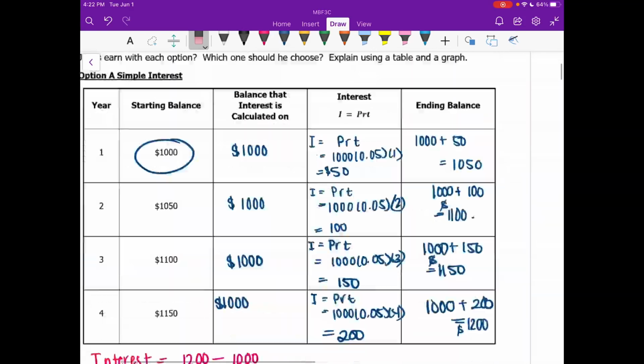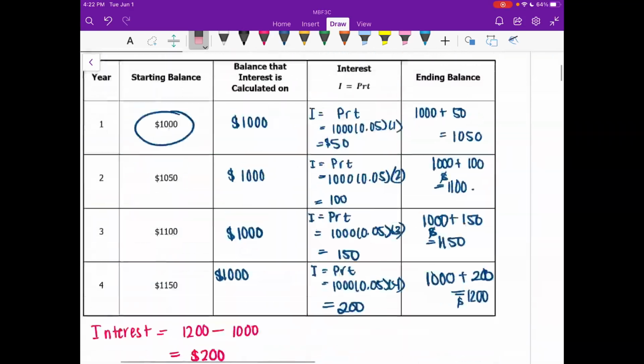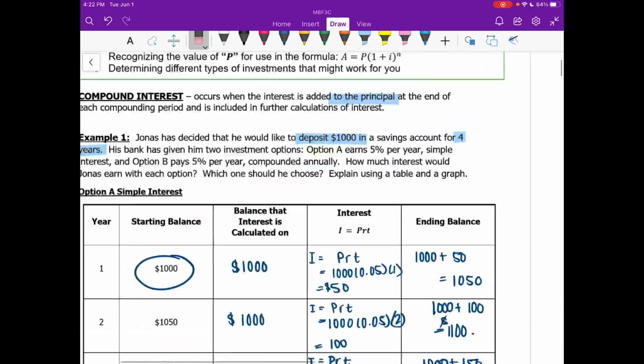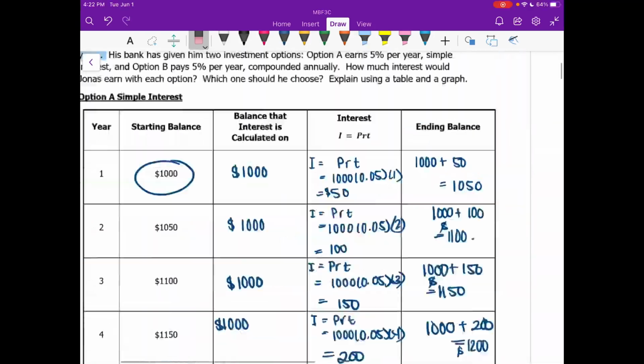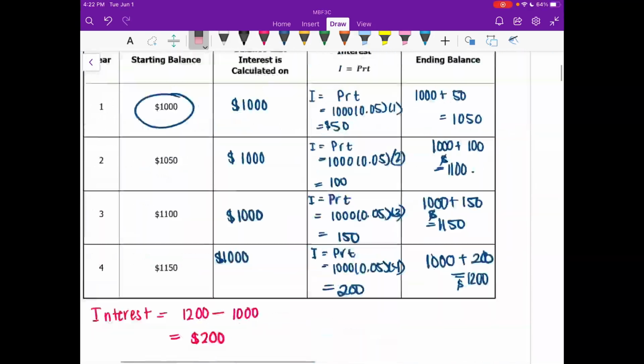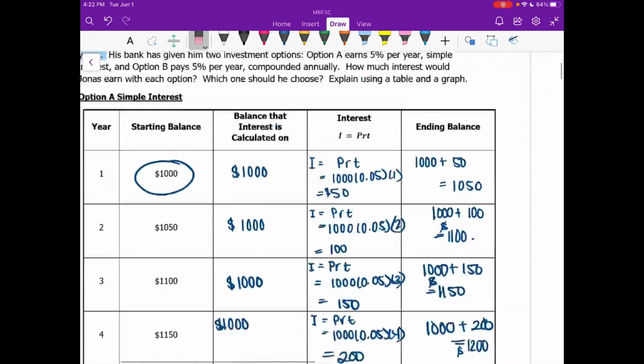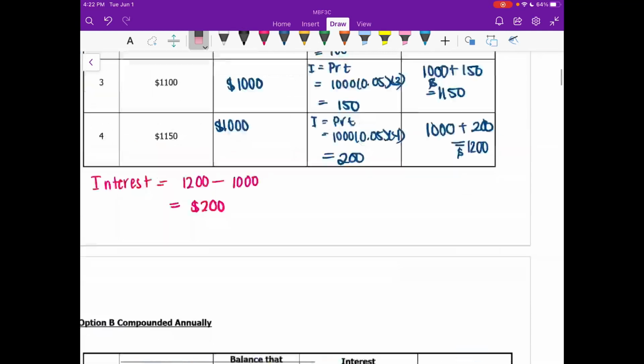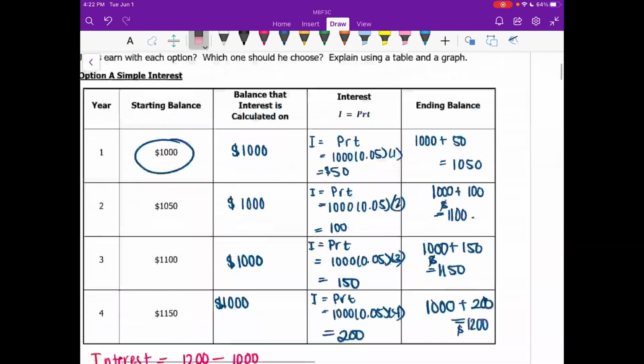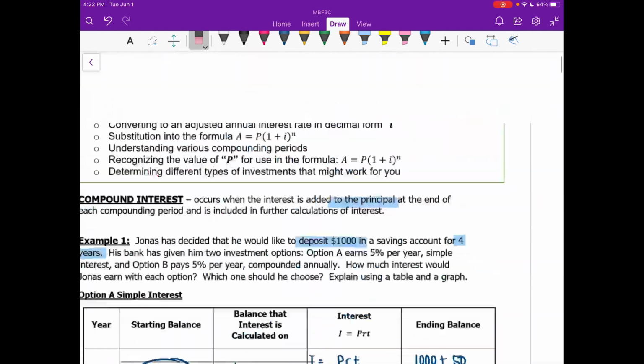So A is equal to principal plus interest, right? Which in this case, our principal amount was, say for example, $5,000 was invested and $200 was made in interest.